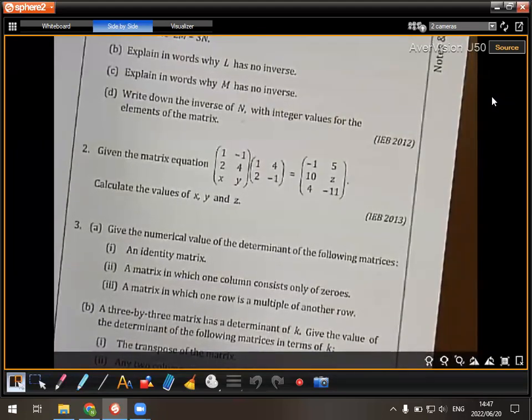Alright, that is number 1, guys. Then number 2, I'm just giving you a heads up. They have given you different questions, so the first, you have to solve for x, y, and z. They're giving you a matrix plus another matrix is equal to this, and you must fill in a couple of the elements to make the equation true. So it's different from what we've just done, but I think you guys will be able to manage it.